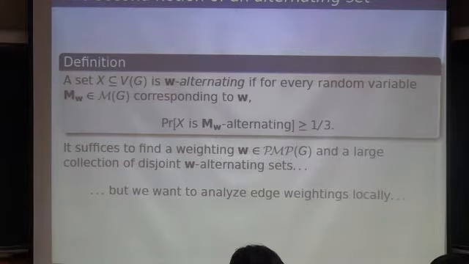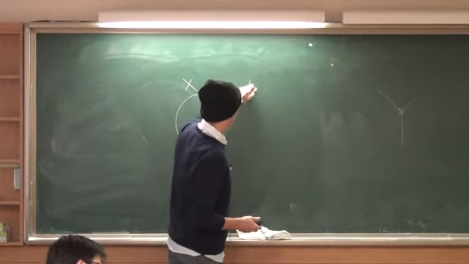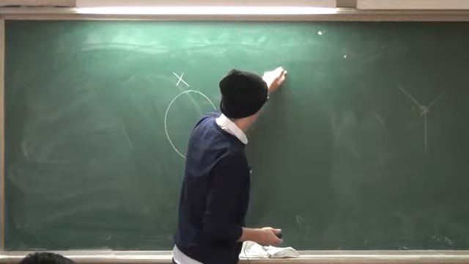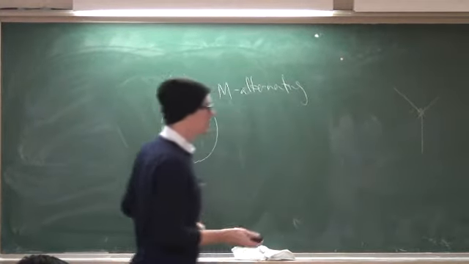Given an edge weighting W in the perfect matching polytope, we want to take any random variable in the set of perfect matchings corresponding to the weighting and say that the probability that we have our set X being M alternating is at least a third.